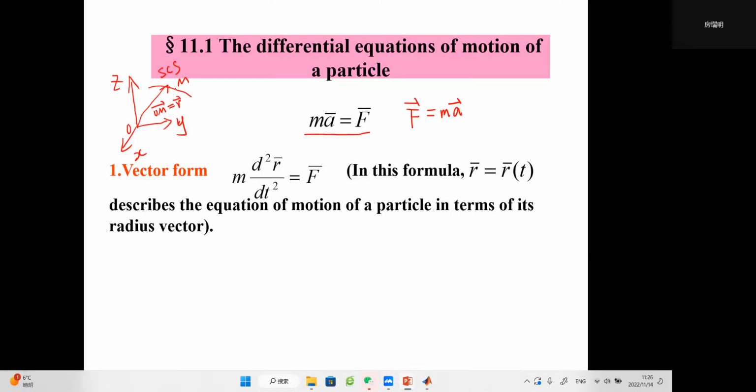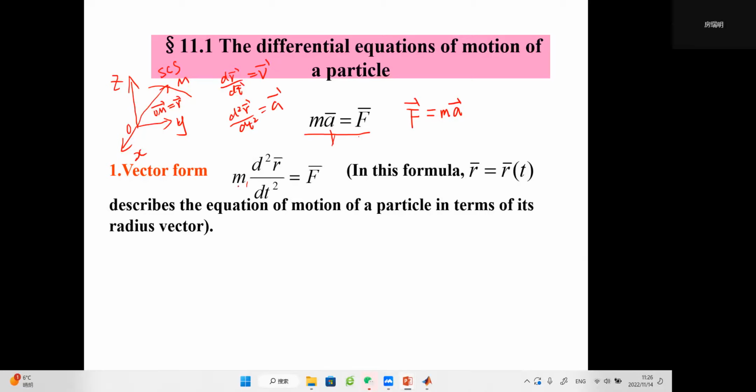If we look at this point M, a particle which only has mass, we do not consider its size. You know, dr dt equals v, right? And d squared r dt squared equals a. And this is Newton's second law. It tells us the relationship between the acceleration and the force.